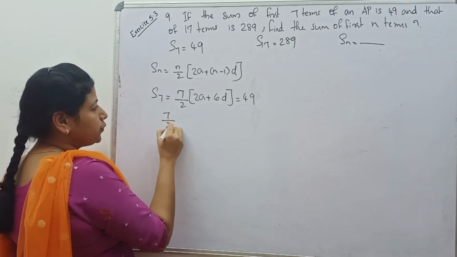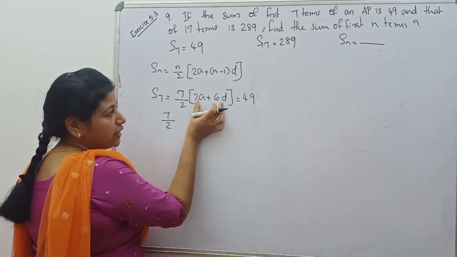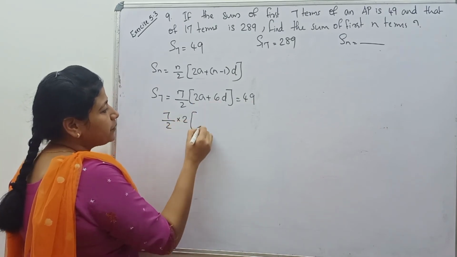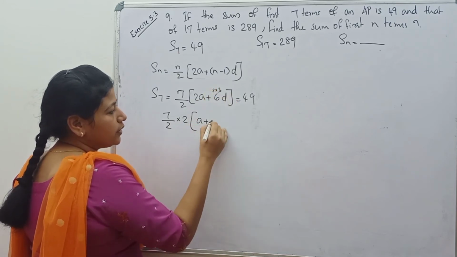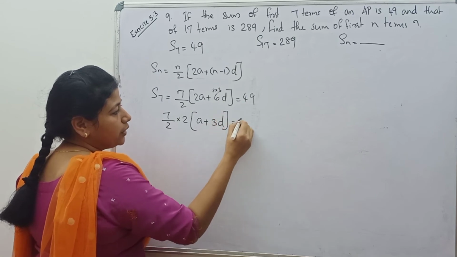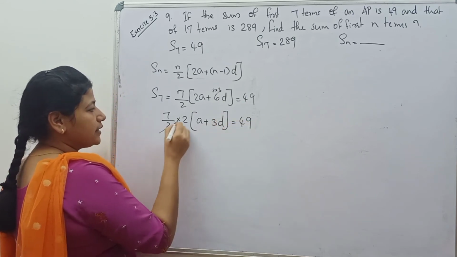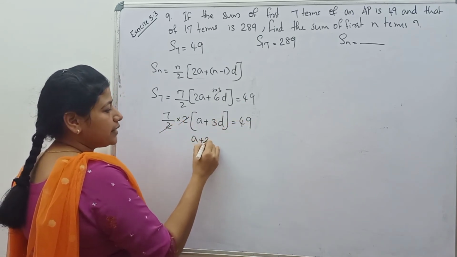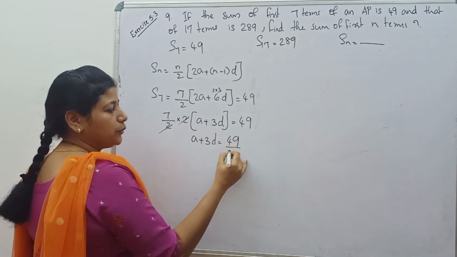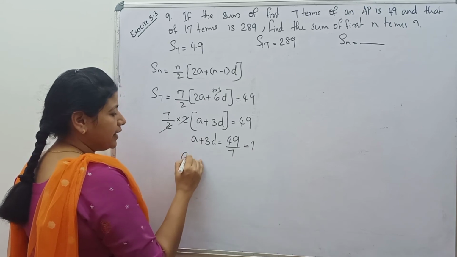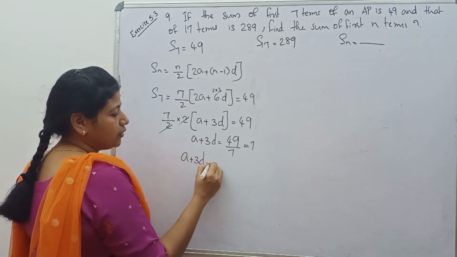We can take 2 outside from these two terms. You will get 2 here and here it will be a, and 6 is 2 into 3. So here 3d will come equal to 49. Cancel these 2's. So a plus 3d equal to 49 by 7, which is 7. That is a plus 3d equal to 7.